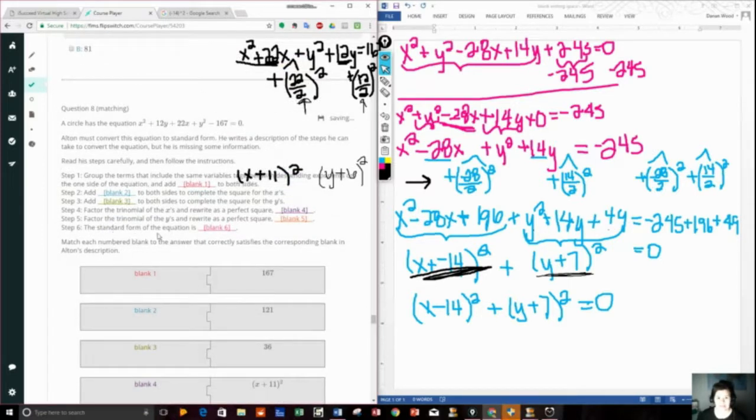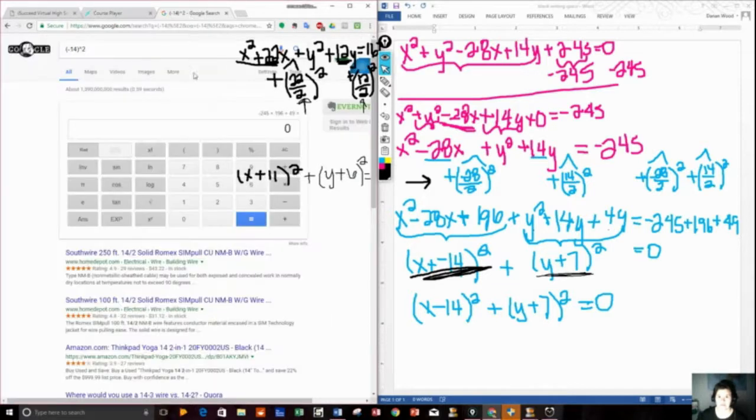Alright, and then the standard form of the equation is blank. And so we have half of it, and that's going to equal, we need to know what 167 plus 121 plus 36 is. So what's 167 plus 121 plus 36? 324.